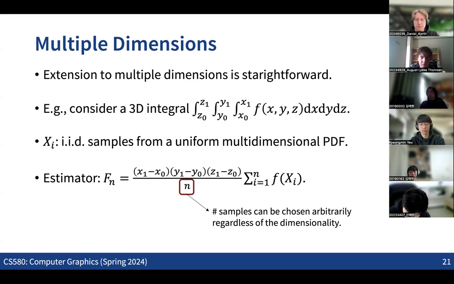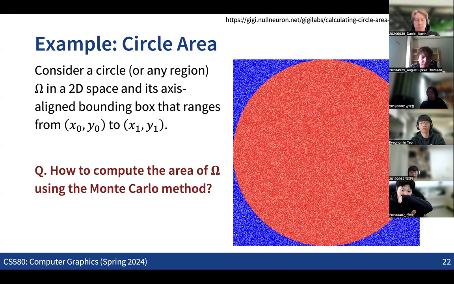So let's briefly see what we can do with this Monte Carlo method. The basic and famous example might be computing the area of a circle. Actually, we can apply this idea to compute the area of any region, or the volume of any object in 3D space.